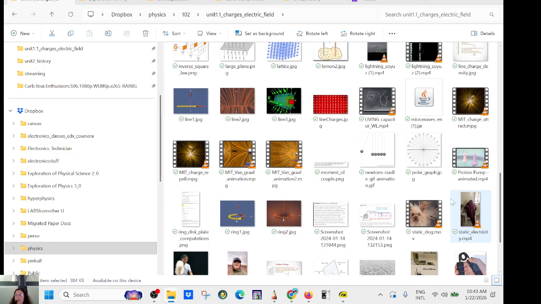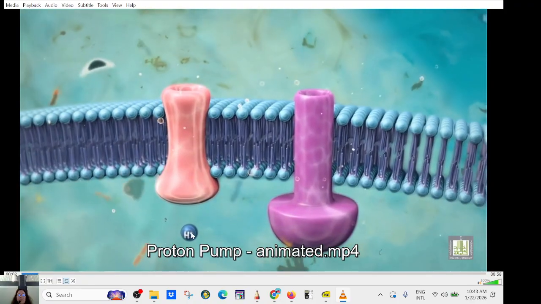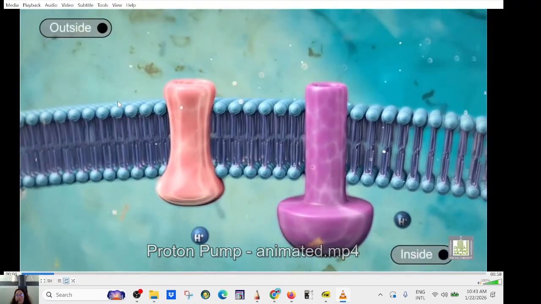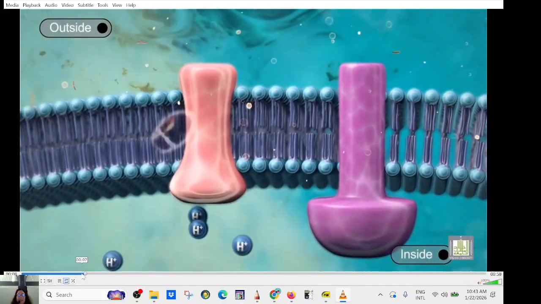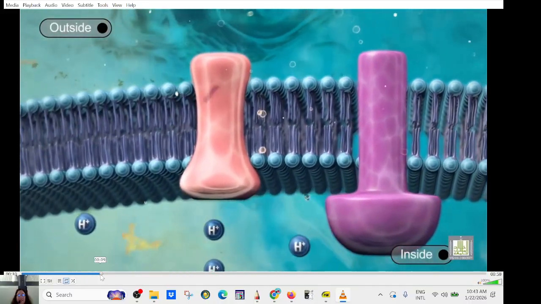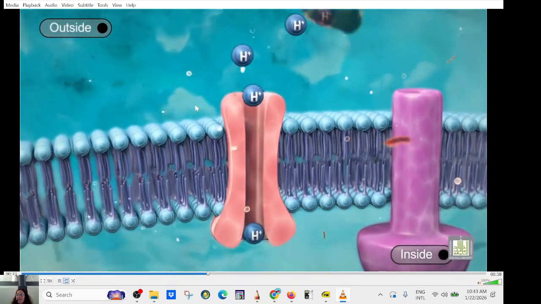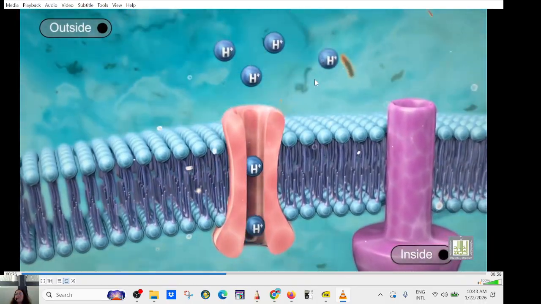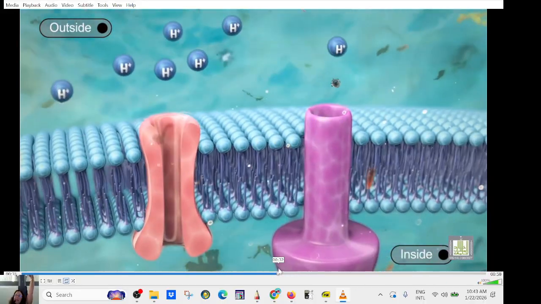There is a video, but I'm not going to show it. So the electric field is from here to there. They go against the electric field. The electric field goes up and down. They are at a high level of potential energy, and they get very upset.